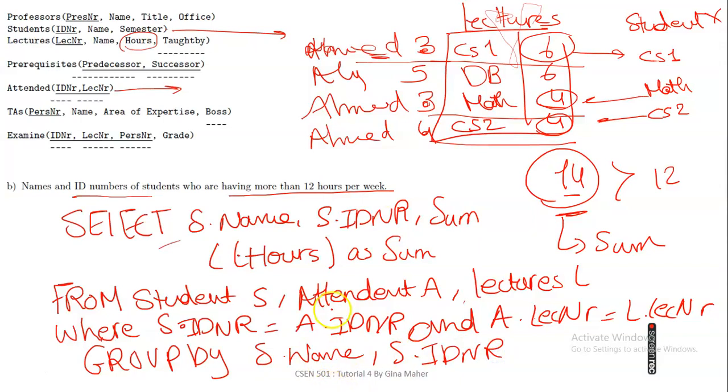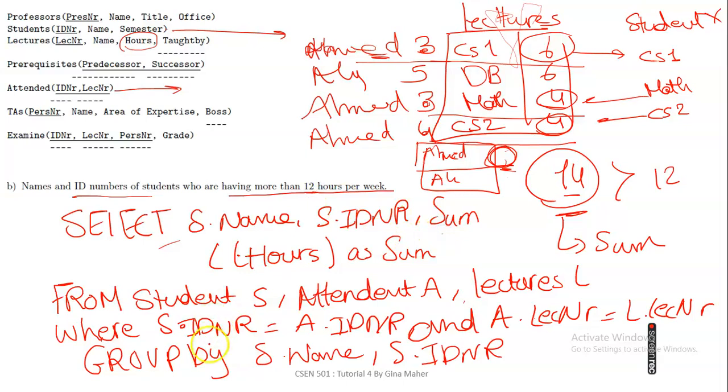Okay, now we will have a table with all the info about specific student Ahmed, all his courses, Ali, all of his courses, and so on. Do we want all these data, or we want the students who attended with specific number of hours? Actually, we want the students who have summation greater than specific number, which is 12.